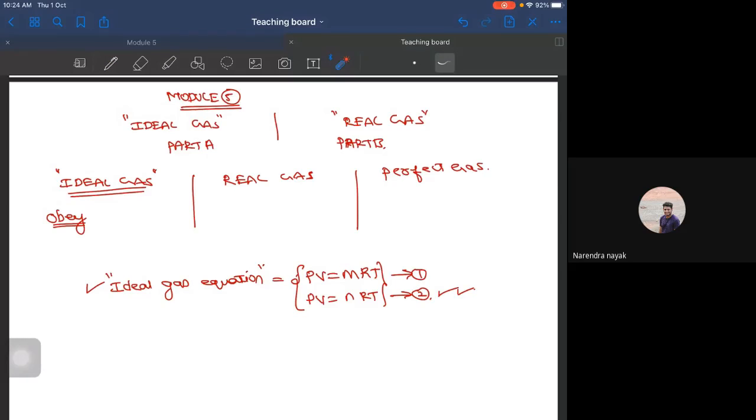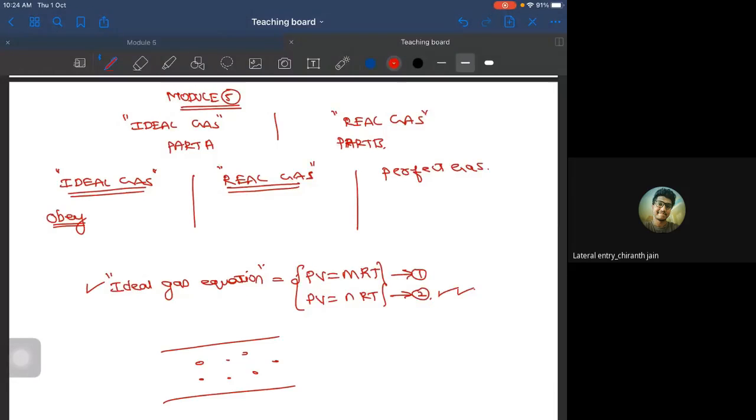Now, what is the real gas? Real gases are non-ideal and they interact. So if there is a gas flowing in a pipe like this, if it was an ideal gas, there would be no intermolecular force of attraction.